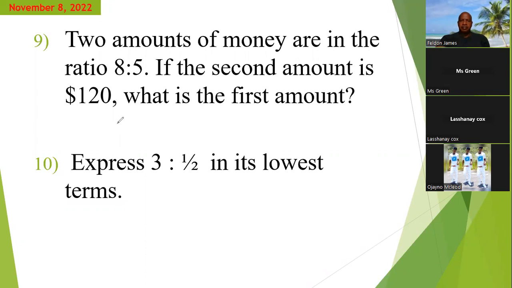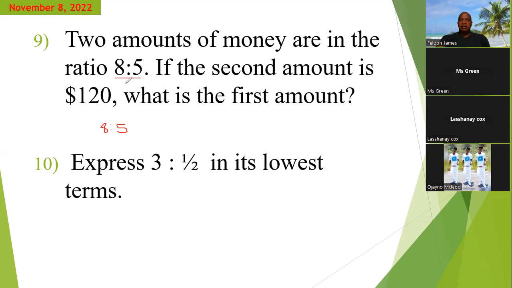Sir, so x, which is the unknown factor, is 120 over 8 times 5. All right, so let us first write down the ratio given. So the given ratio is 8 to 5.